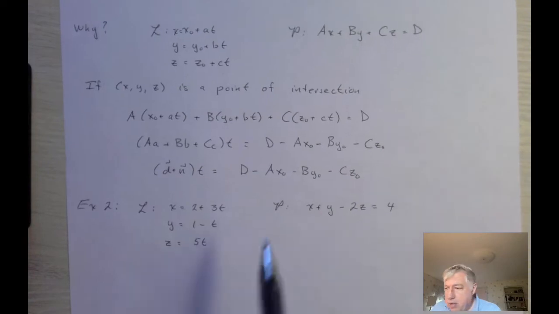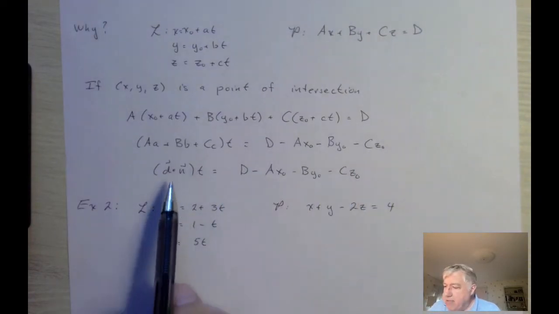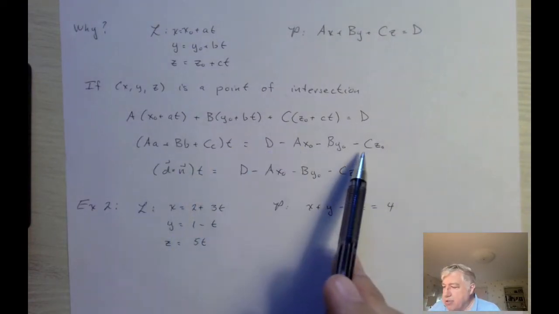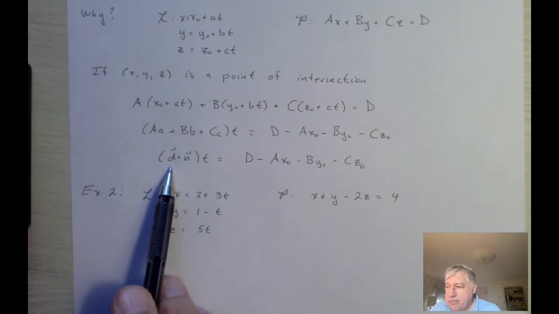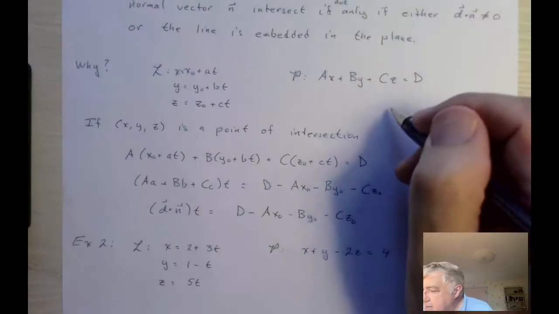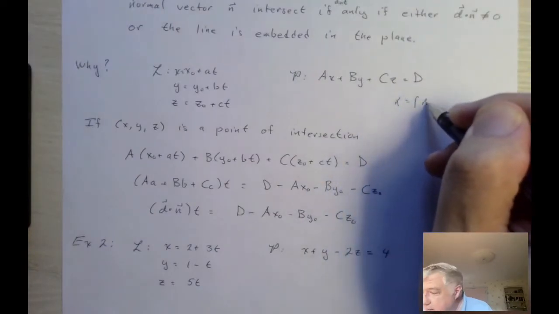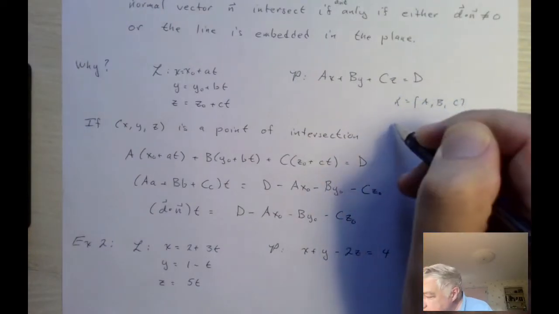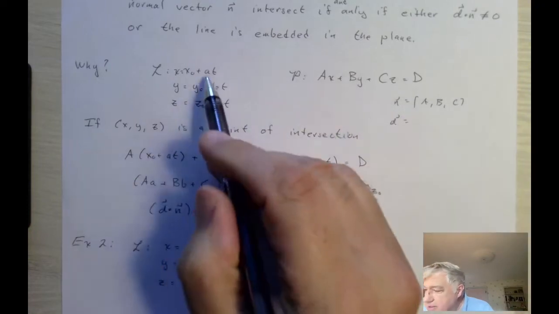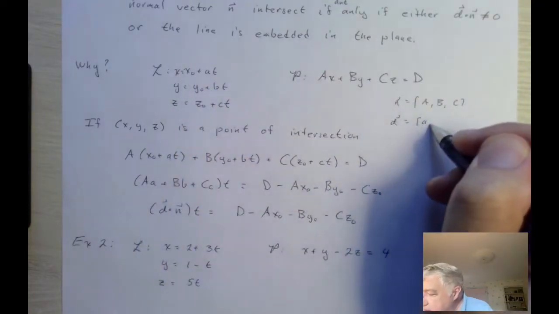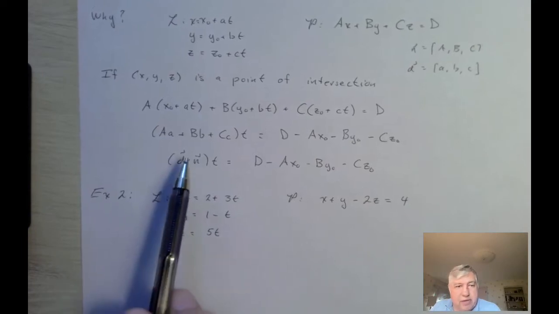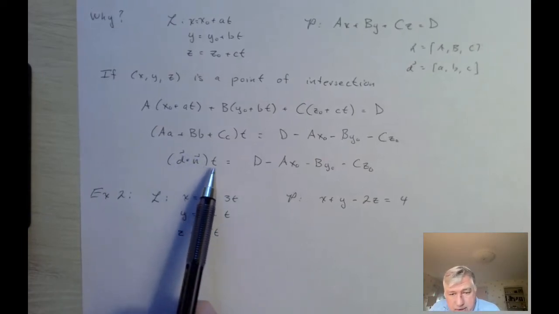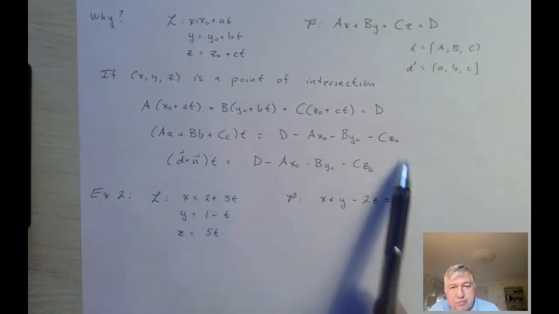So we have something times t equals a constant, and that something is in fact the dot product, because in this case the normal vector is capital A, B, C, and the direction vector is little a, little b, little c.